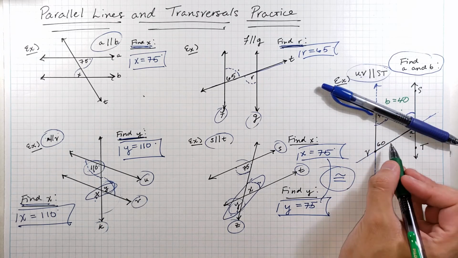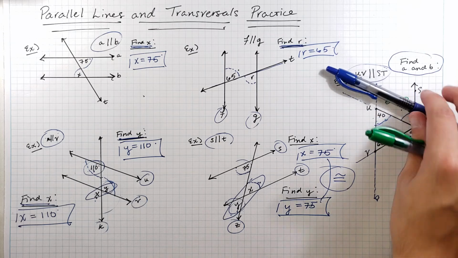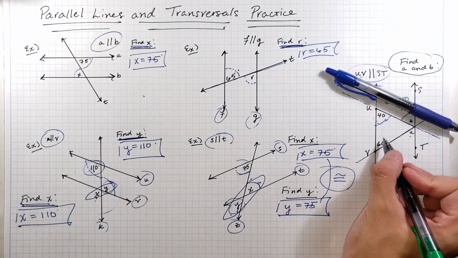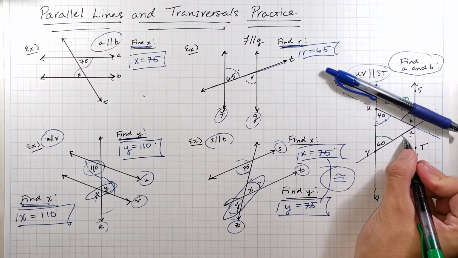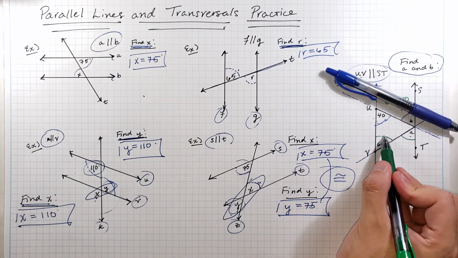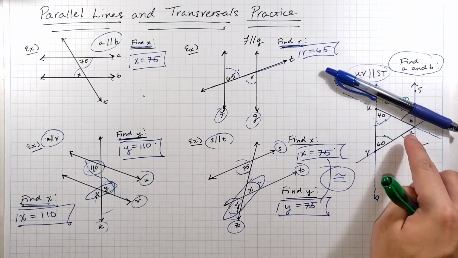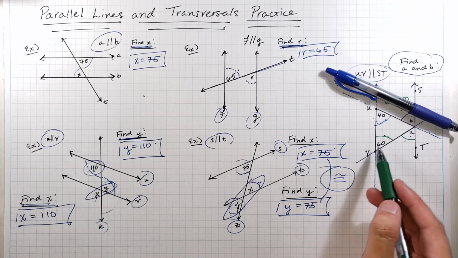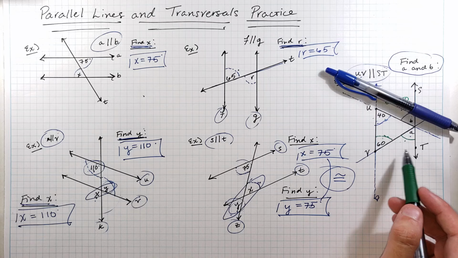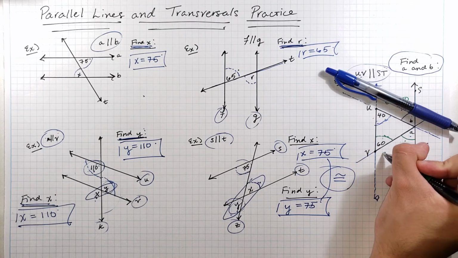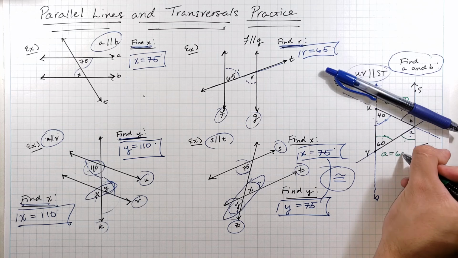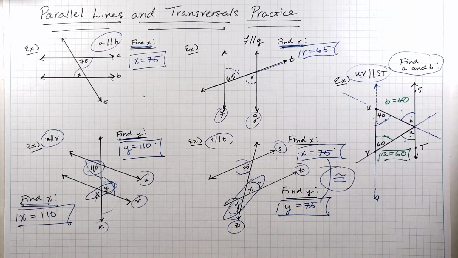If we look at just this transversal, let me move that back a little bit, we can see this one right here and this angle are alternate interior. They're alternate, and they're on the inside of these parallel lines. Alternate interior angles are congruent. So we get A equals 60. And just like up here, we got B equals 40.